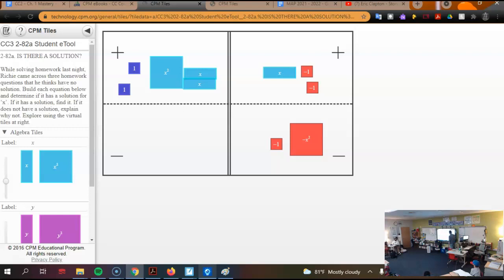2x plus 2. That's the exact same thing as what we just wrote. Do the right side.